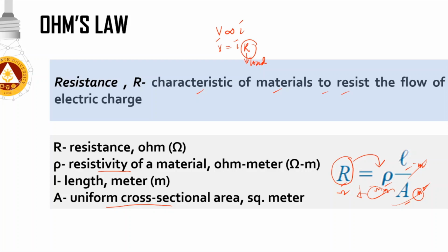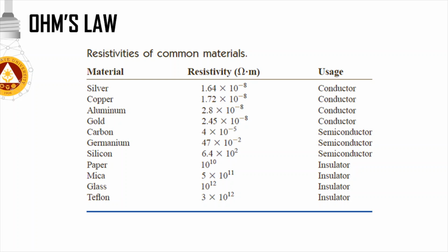Okay. So, sinabi ko nga na nakadepende yung resistance sa resistivity ng mga material at innate property or characteristic ito ng mga material. So, paano natin malalaman yung resistivity ng material? Meron tayong mga tables. Okay, pansinin natin itong ating table.